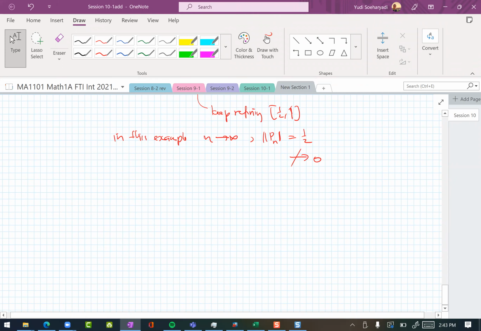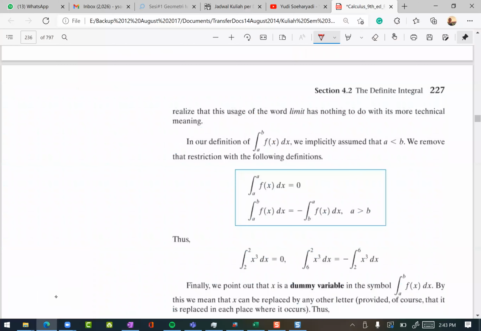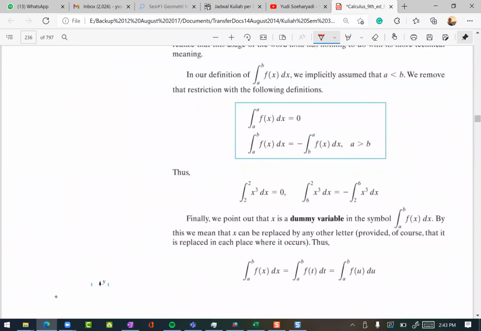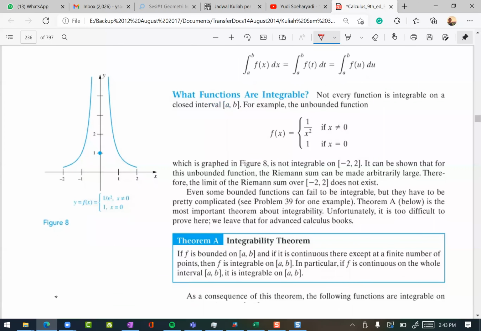Okay, so what are integrable functions? So let's see. Just show you the theorem. What functions are integrable?